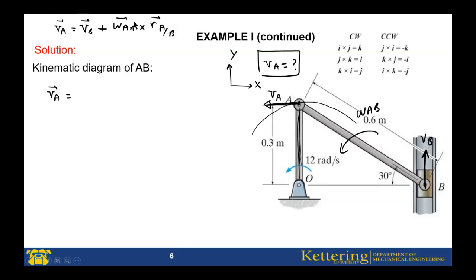Among these, in my opinion, this vector is a difficult one, and I saw students struggle to find this. The next one that students struggle with is this. The next one that students struggle with is finding the direction of omega.